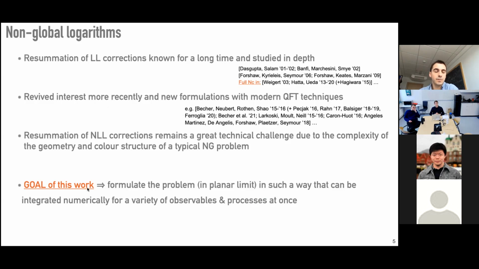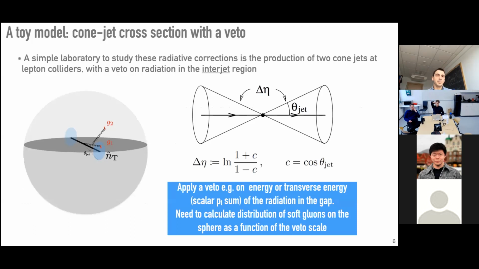So the goal of our work was to reformulate the problem in a new language, in certain approximations that I'll describe, in such a way that can be used to calculate numerically complex collider observables, different collider observables at once, and can be applied to different scattering processes, as we will see. So the starting point is, of course, we cannot start from the most complex observable in the market.